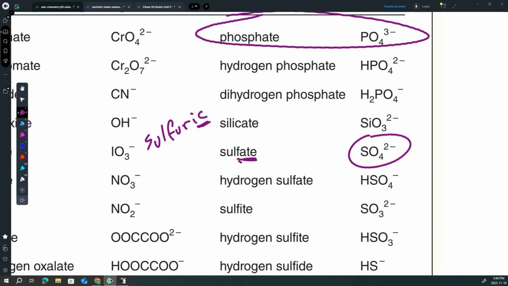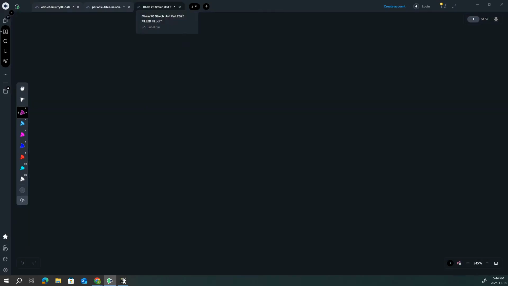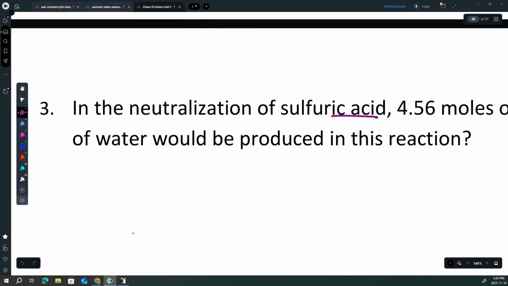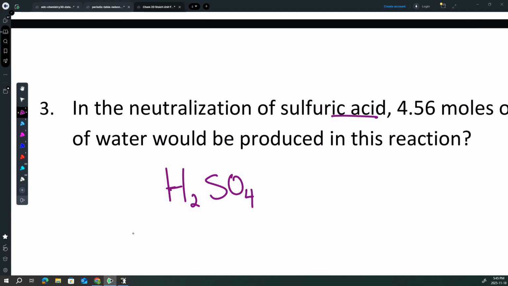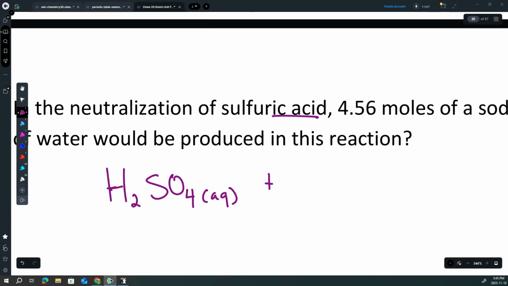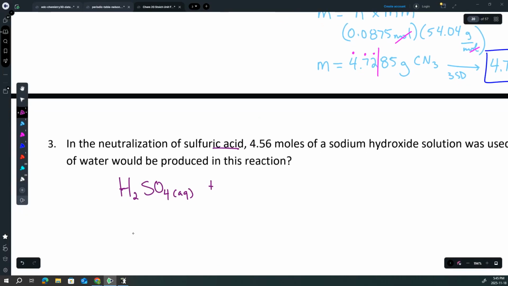And then you're going to put as many hydrogens as will balance out the charge of your anion. Okay, so that's why this is going to be H2SO4, and acids are always aqueous. Plus sodium hydroxide, solution means aqueous.